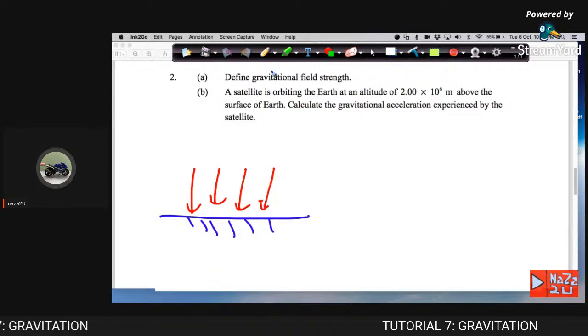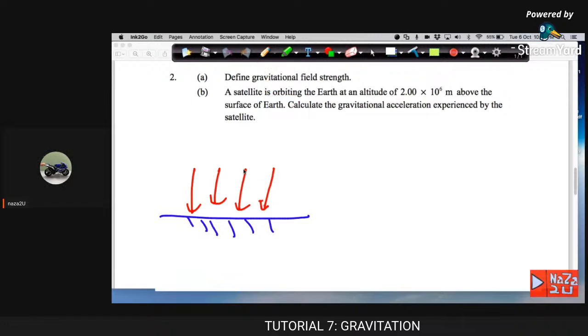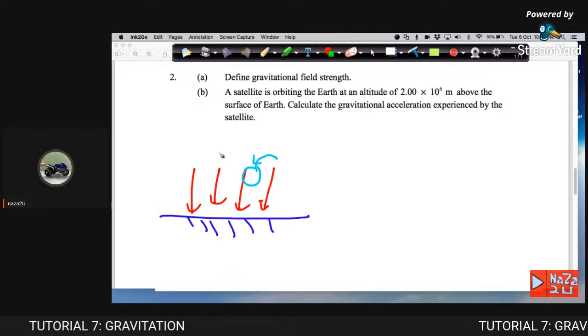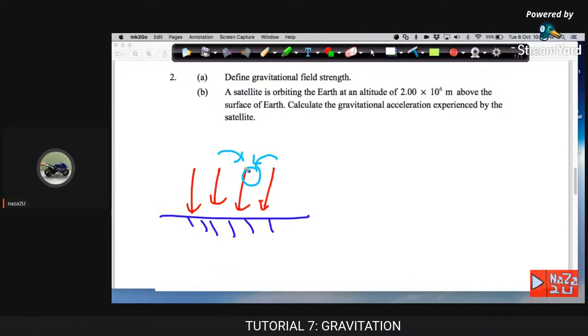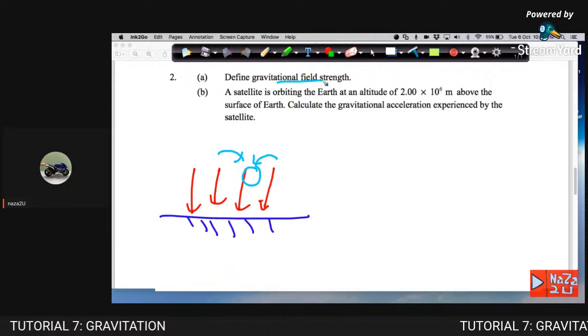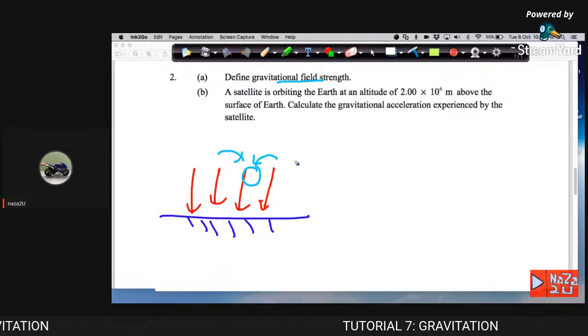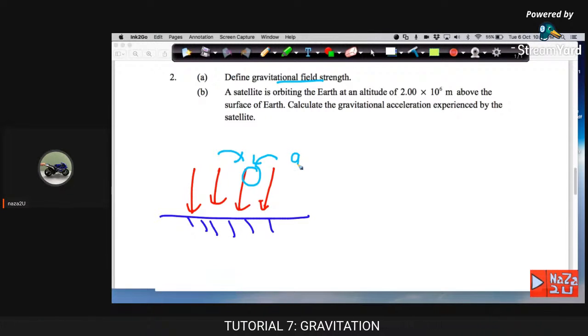Maksudnya kalau kita berada di dalam ruang ini, kita akan di-influence ataupun ada kesan ke atas kita, yang kita rujuk kepada gravitational field strength, iaitu kita gambarkan dia sebagai Ag, right?